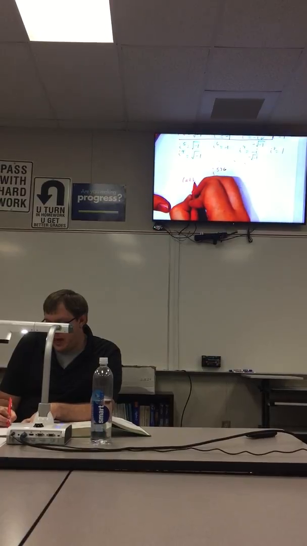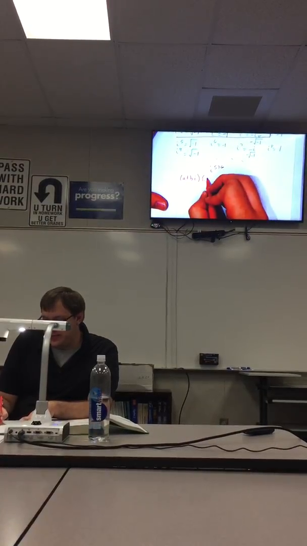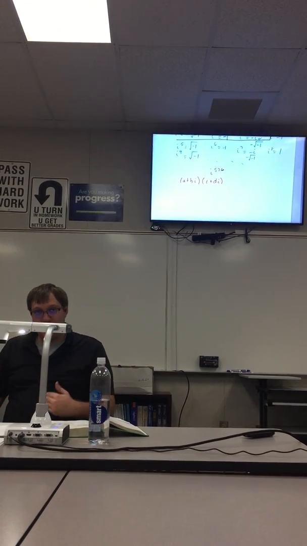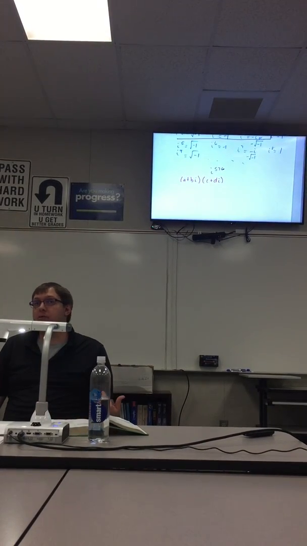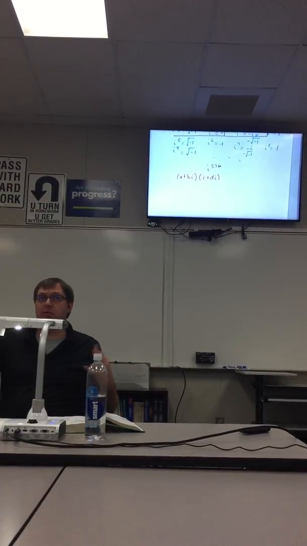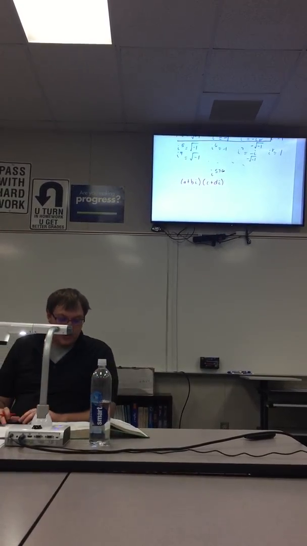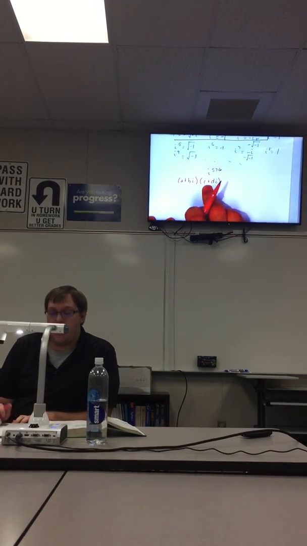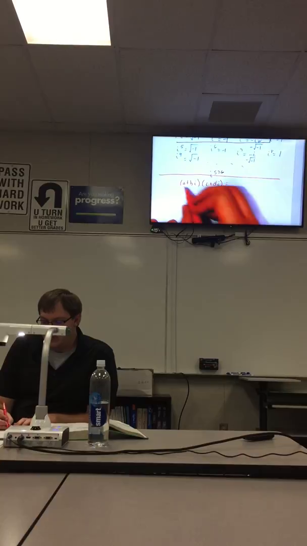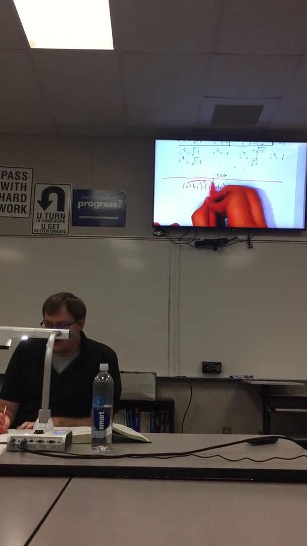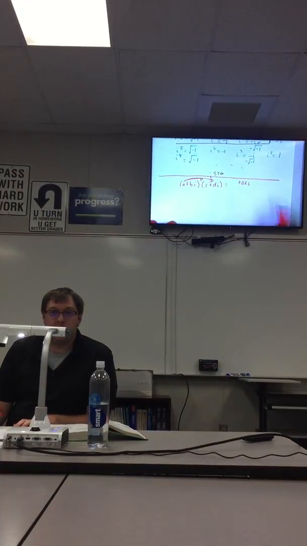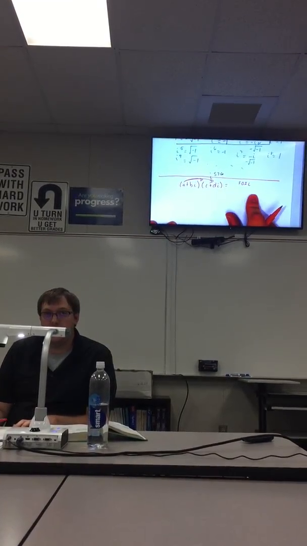So a plus bi, c plus di. Remember, we're letting a, b, c, and d be what type of numbers? Real. Good, real numbers. We don't know what they are, but we know they're numbers. So, to multiply complex numbers, all you do is use something called the FOIL method: first, outer, inner, last.